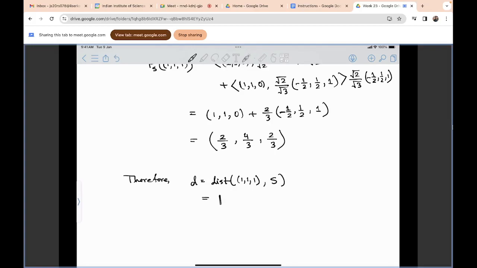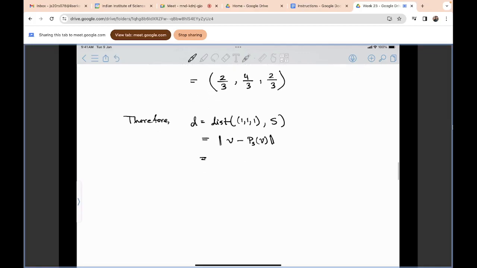which is given by that vector V minus projection of S up to V. So basically the norm of (1, 1, 1) minus (2 by 3, 4 by 3, 2 by 3).